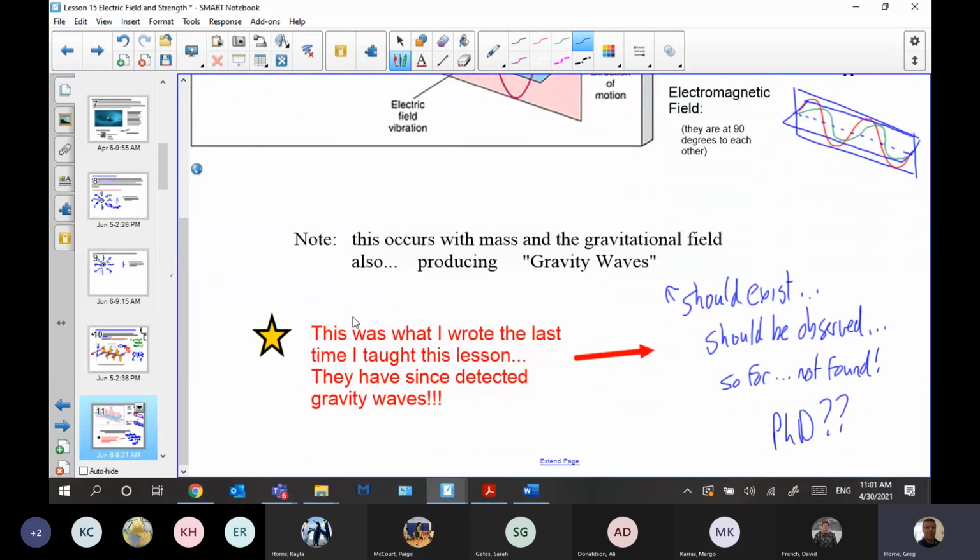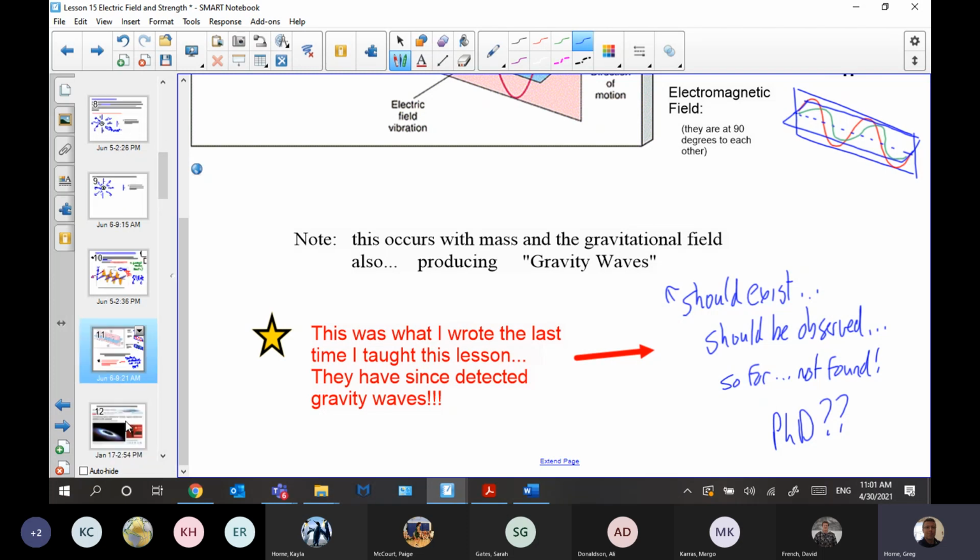And this is what I originally wrote the last time I taught the lesson, about 18 years ago, from the first time I taught grade 12 physics. I had written, this should exist. Scientists know that gravity waves should exist, but they haven't been observed so far. It was like, if you want a PhD in physics, go looking for gravity waves.